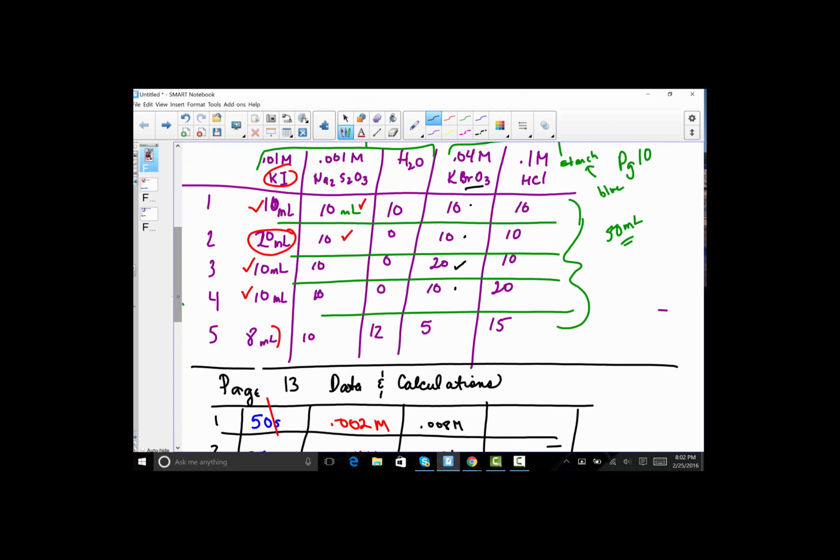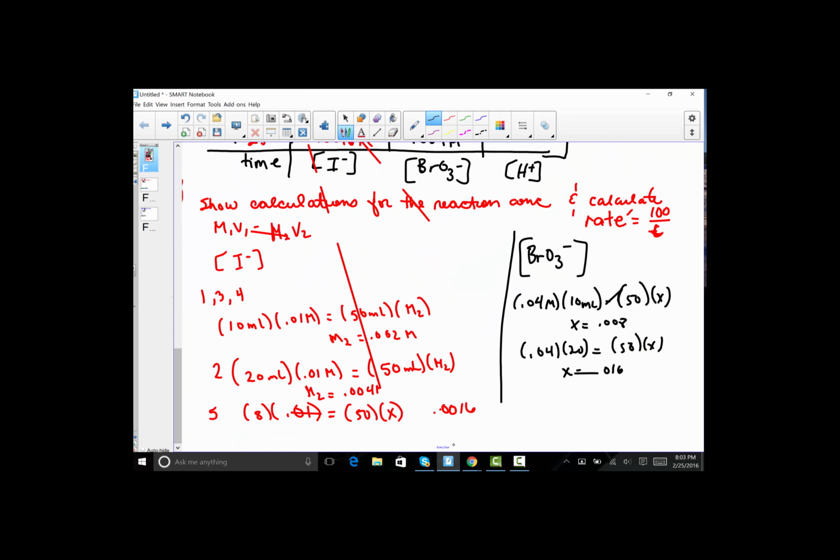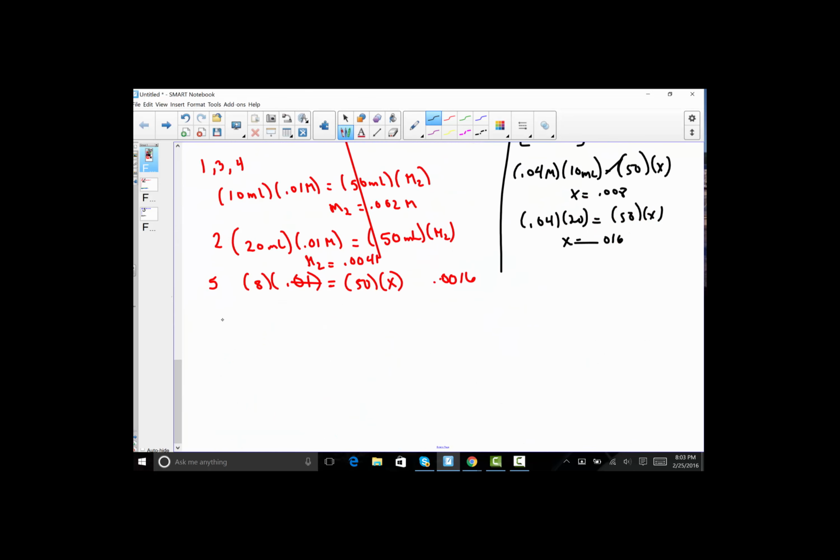We have one last, and that's the HCl. It started at 0.1 molar. So this is actually calculating for H+. We started with a 0.1 molar. Trial 1, we measured out 10 milliliters.